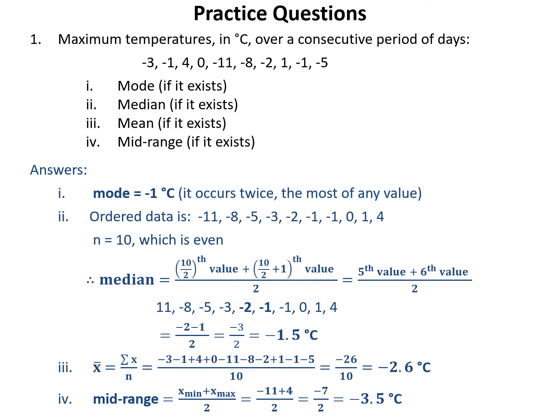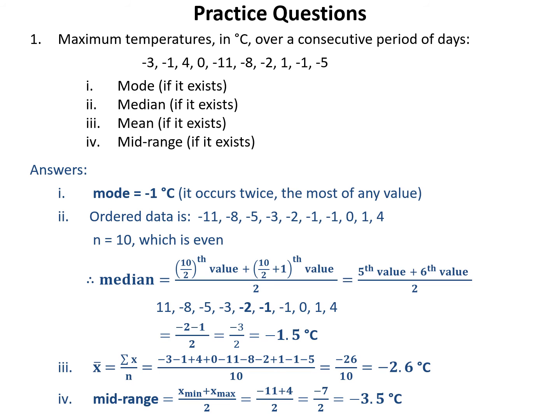And we can see here that these two middle values are -2 and -1. So we get -2 plus -1, which is the same as -2 minus 1, all over 2, which equals -3 over 2, which gives us a median of -1.5 degrees Celsius.